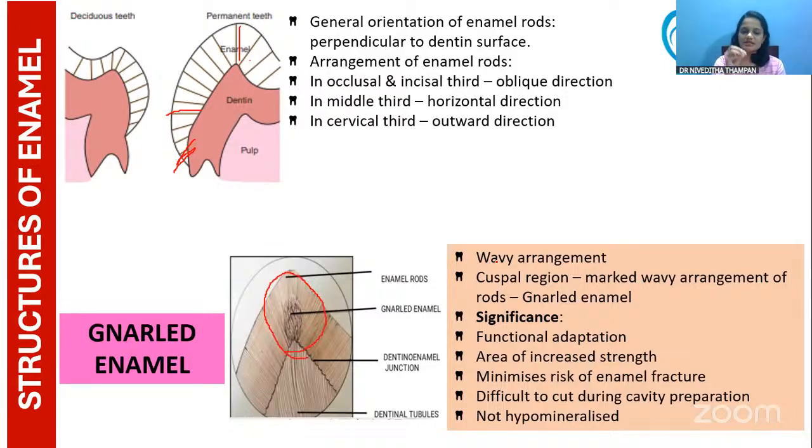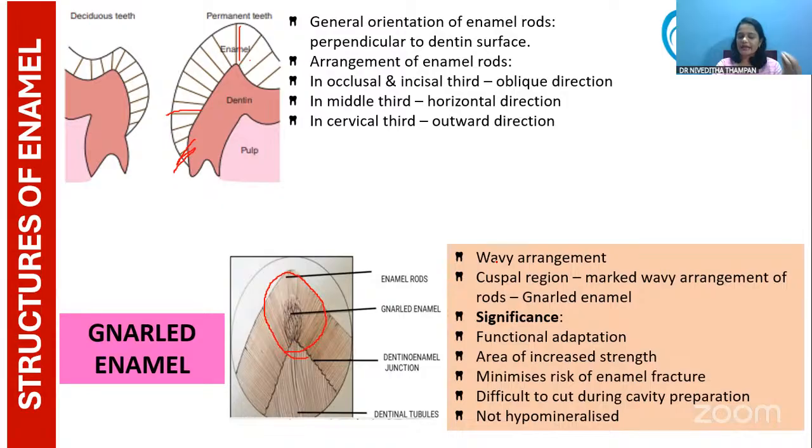This area of gnarled enamel has really high resistance against the occlusal forces and also against iatrogenic forces.